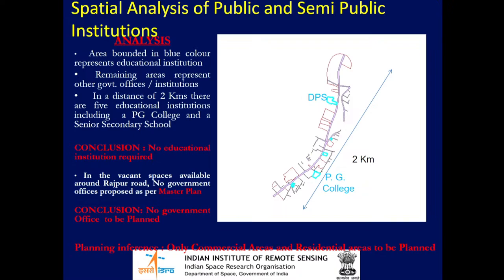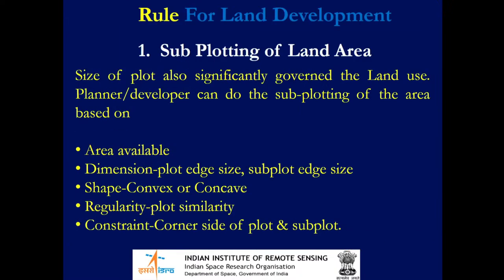In that case, we have to see which particular piece of land is good for commercial areas, or good for residential areas. Those kinds of things can be given by suitability maps.